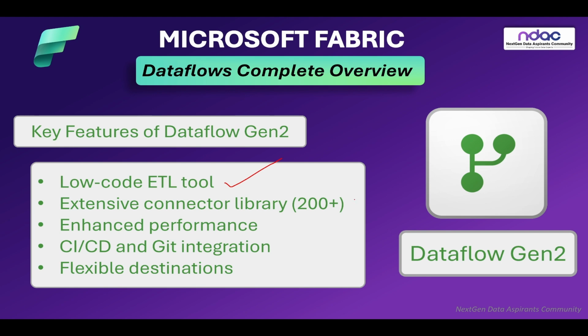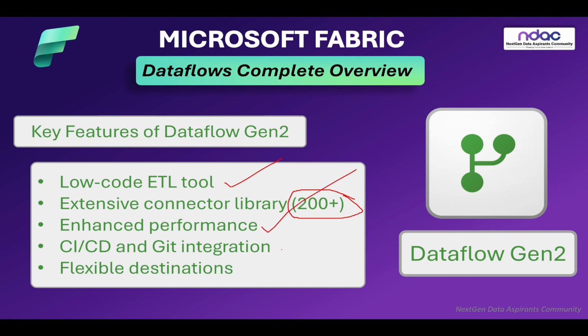And now a very important thing: it supports a 200-plus connectors library. So it means you can get the data from 200-plus sources, and it has a lot of enhanced capabilities as compared to Dataflow Gen1.